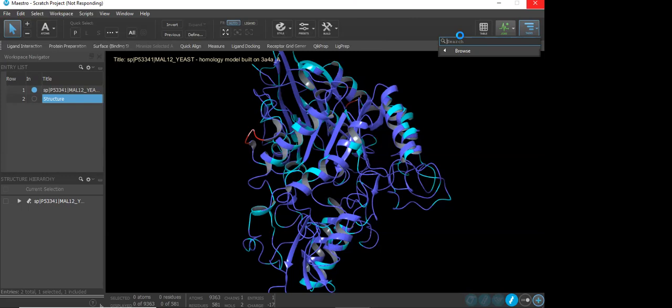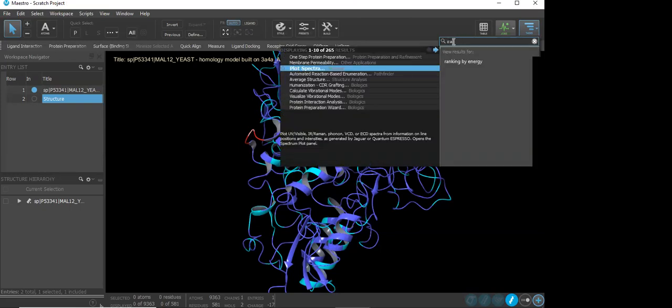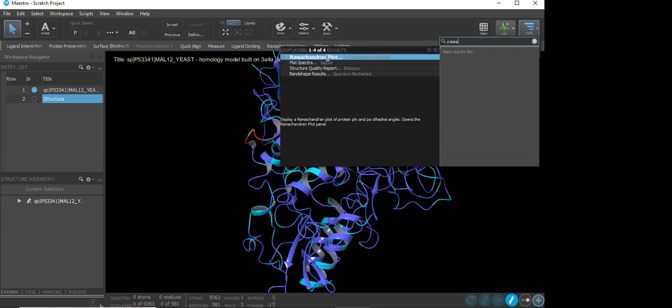because these softwares will take more memory. Then you will get the option Ramachandran plot. Then click that Ramachandran plot.